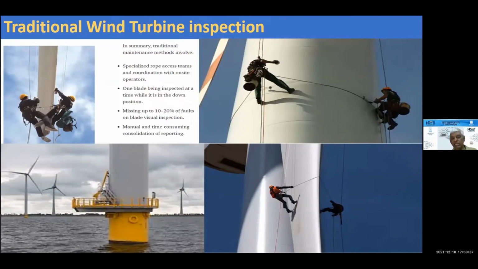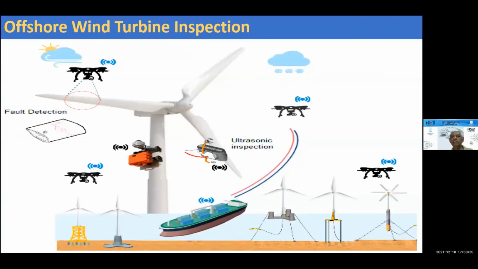Okay, and the same thing in the offshore wind turbines also. And here is how the whole drone-based usage works, you can take it on a ship right close to the offshore and then fly them, collect data, be it visual, infrared, ultrasound, whatever you want to, and actually make life much simpler by doing all this.